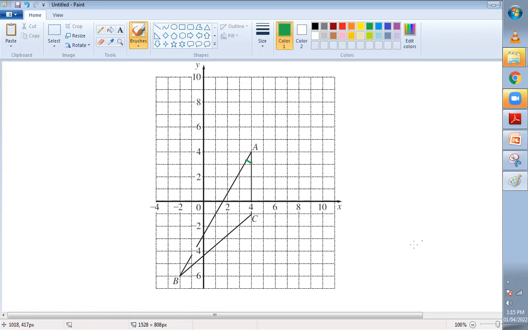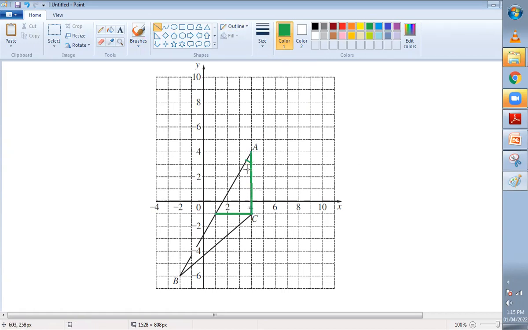So I will do a trick here. Look at this trick carefully. I will take this triangle.